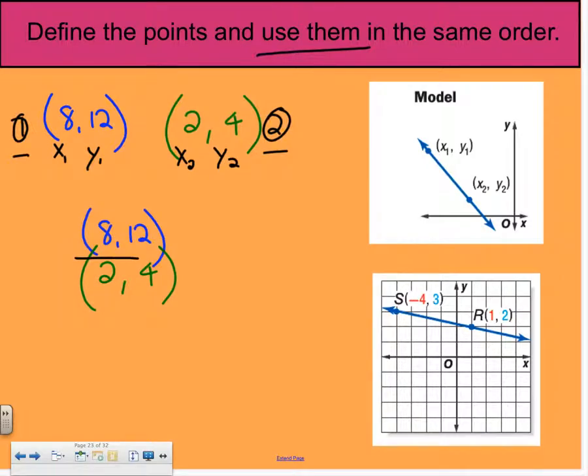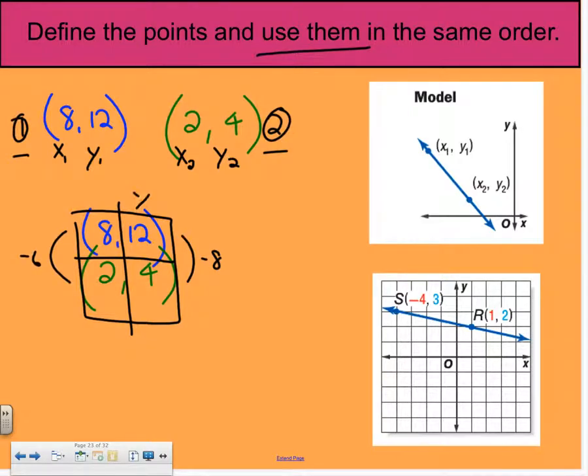I've made a table. Then I can just ask, what's the difference between 12 and 4? Going from 12 down to 4 is -8. Going from 8 down to 2 is -6. This is y. This is x. I've got -8 over -6, which is 4/3.